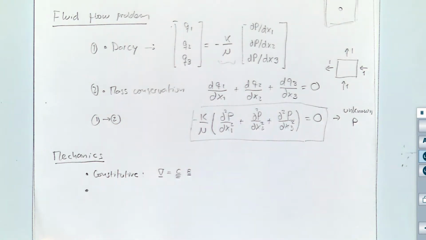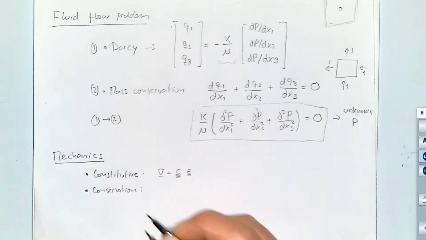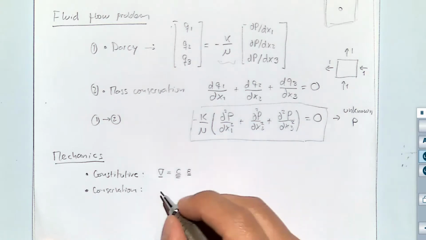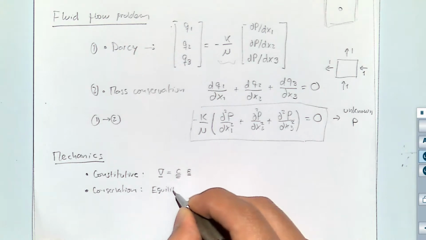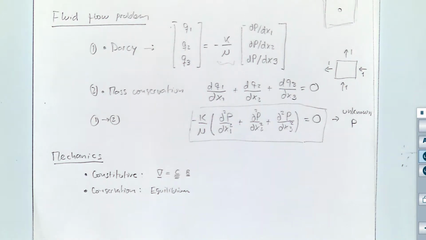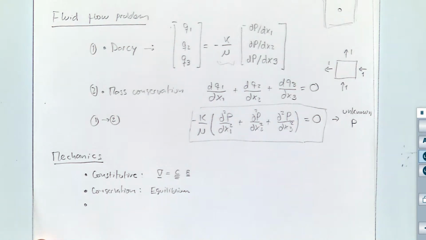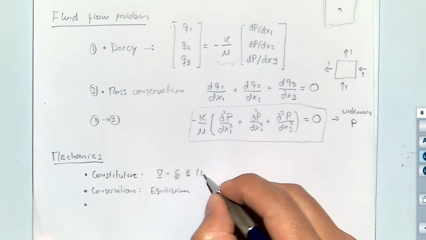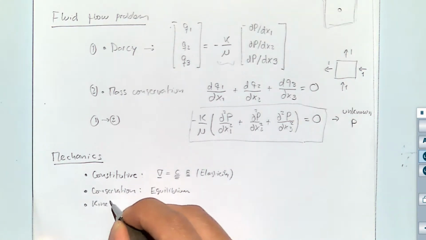Also, conservation is going to be not conservation of mass, but conservation of momentum. And conservation of momentum is basically equilibrium. I'm not going to write it here because that's a long equation, but that's basically equilibrium. And there is one more equation that we need in mechanics, which is something called the kinematic equations. And we also saw that.